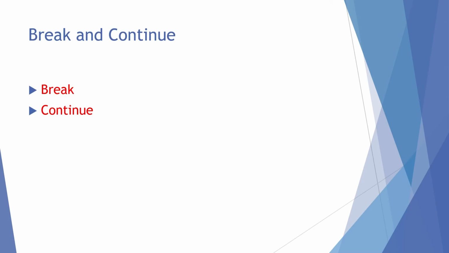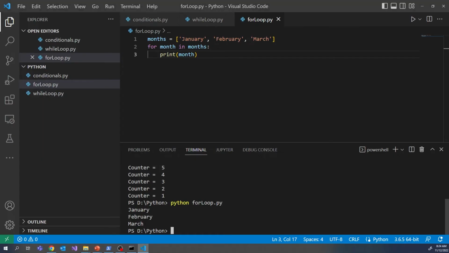Next, we look at two interesting control flow statements. These are very useful in case of for loops or while loops. So the break statement: when working with loops, sometimes you want to exit the entire loop when a certain condition is met. To do this, we use the break keyword. Let's check that in Visual Studio.